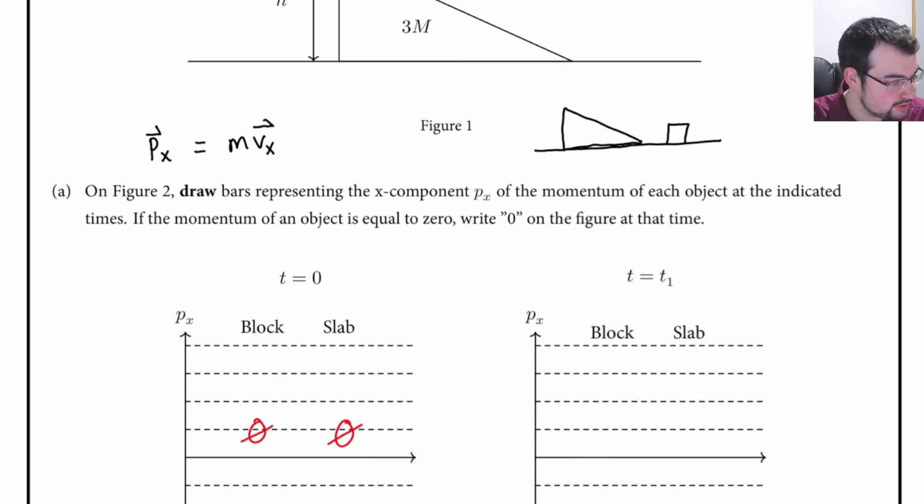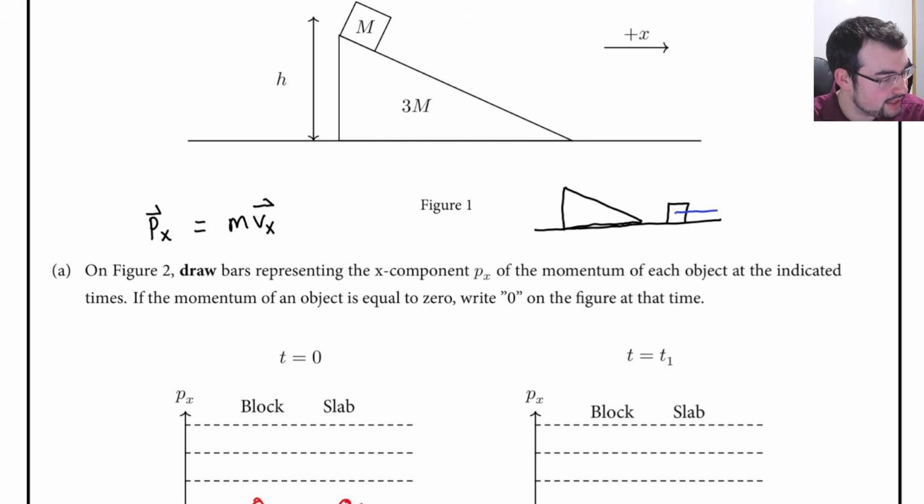So any momentum that is gained in the plus x direction by the block must be balanced out by some sort of leftward momentum in the other direction by the slab. So we know that these objects are going to be moving apart from each other once the block has left the slab.